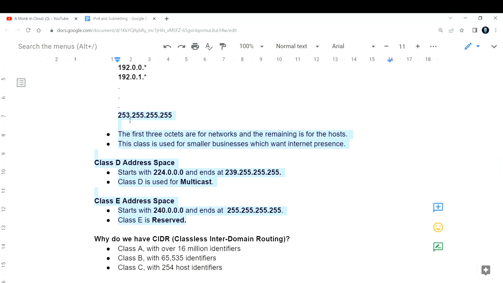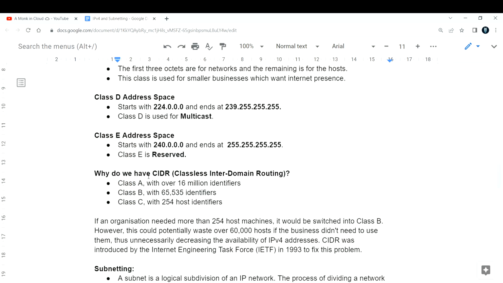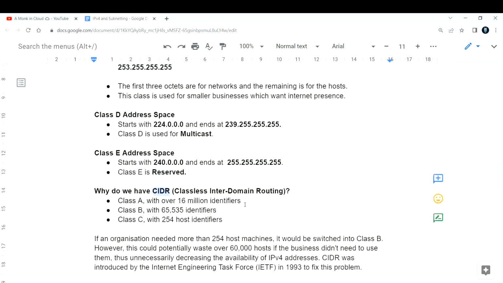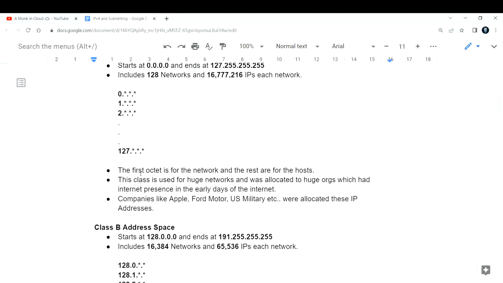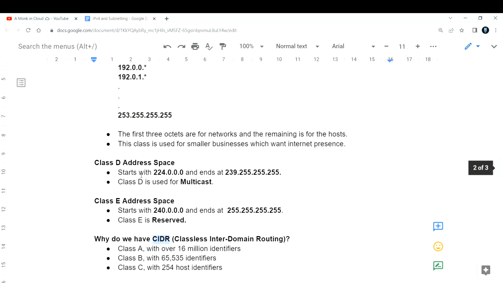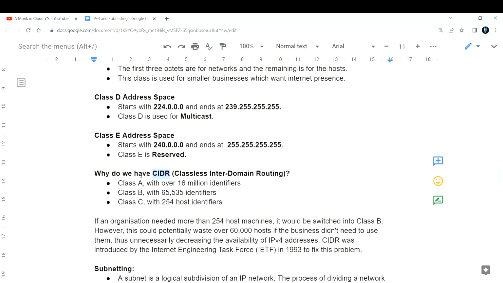Okay, now we are good with these things. There is another concept we need to understand, called CIDR. CIDR means classless inter-domain routing. The things we saw, class A, B, C, D and E, are classful routing, but the one we are going to discuss now is classless inter-domain routing.